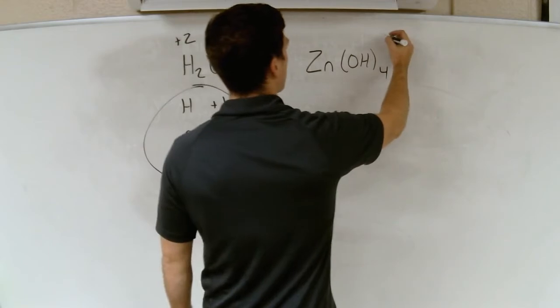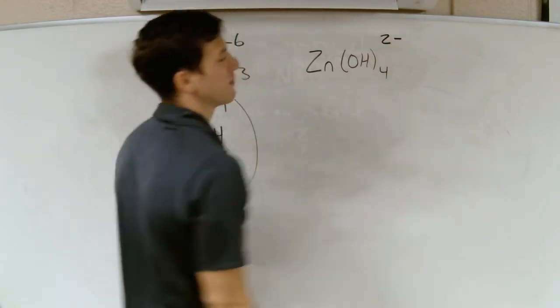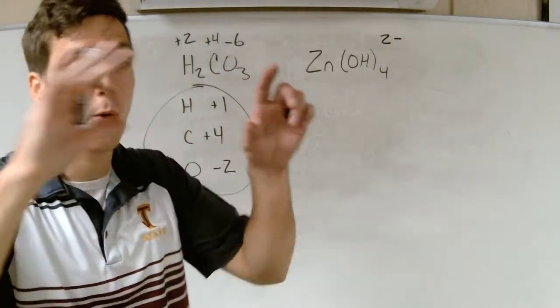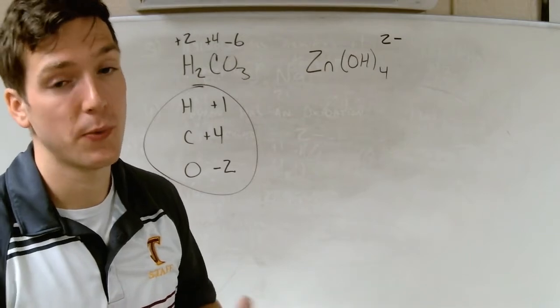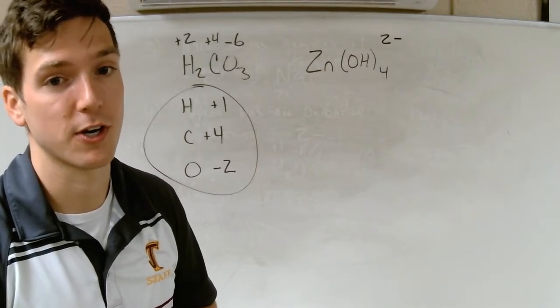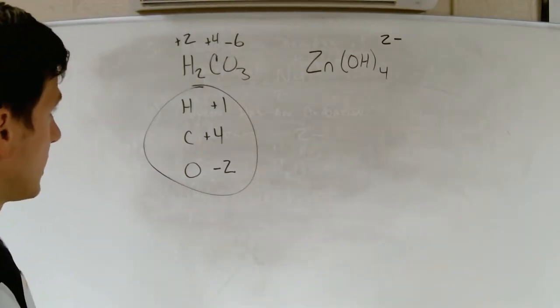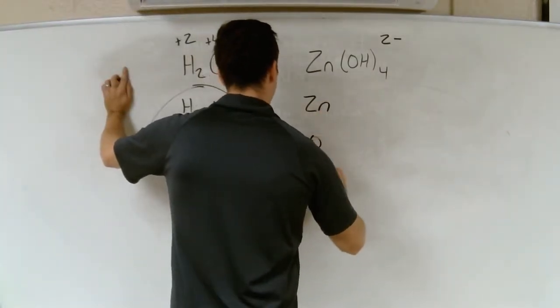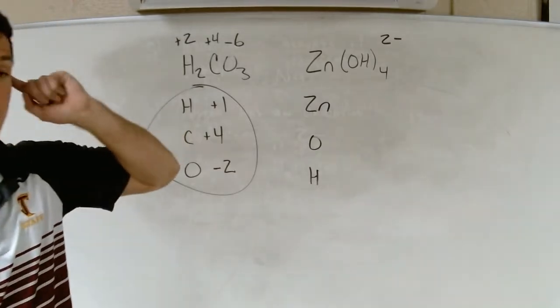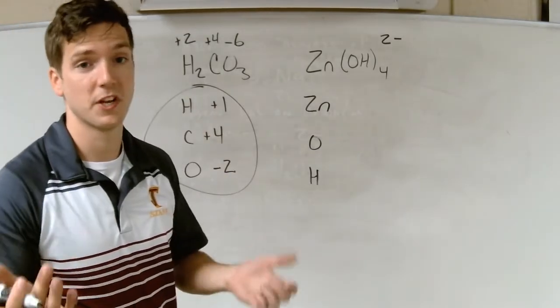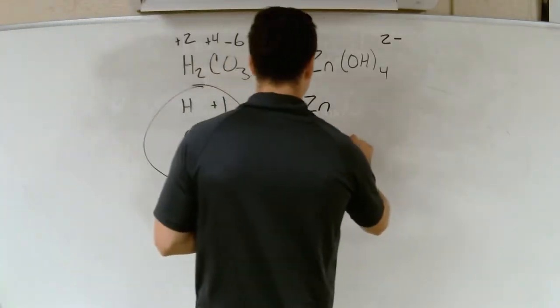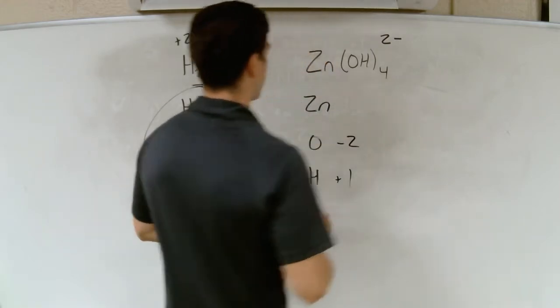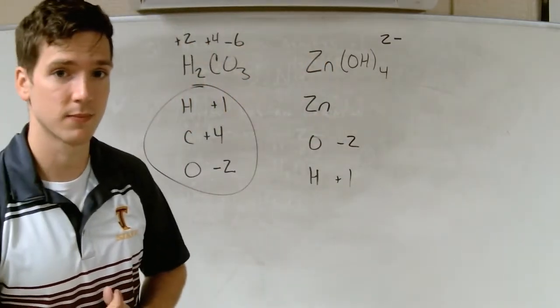ZnOH4, and overall it's got a 2- charge, okay? So that whole compound has a 2- charge. We got to match that 2- charge. So in this instance, I have Zn, I have oxygen, and I have H, okay? Again, luckily, we know oxygen is always -2, and hydrogen is always +1, all right?